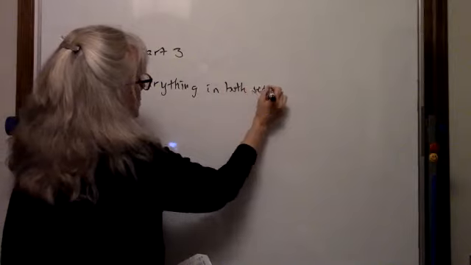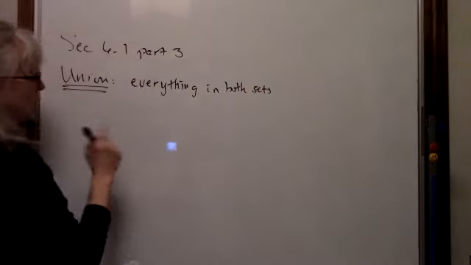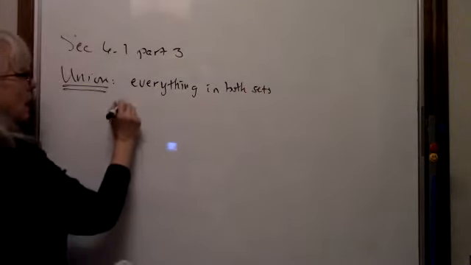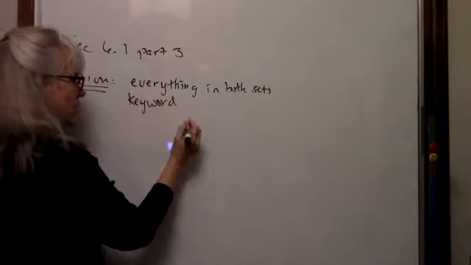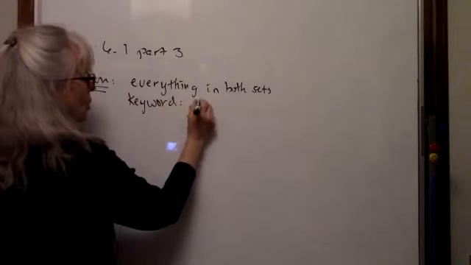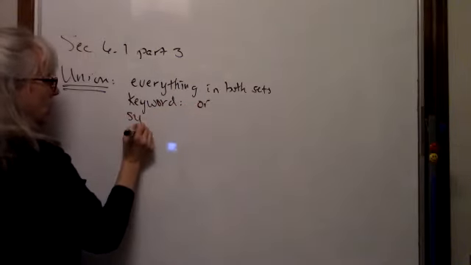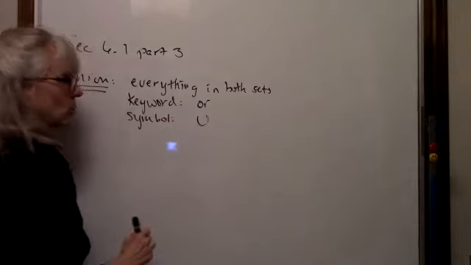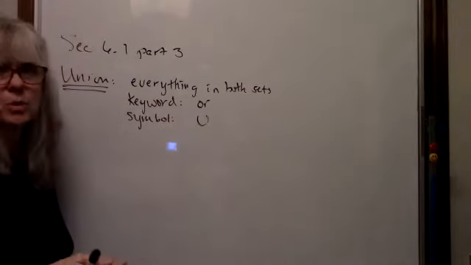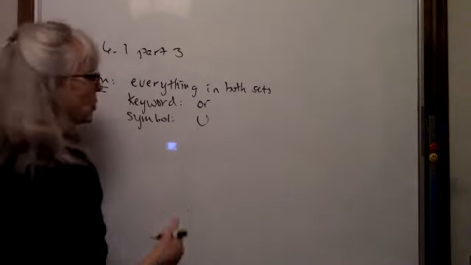And we'll do an example here in just a minute once we get the vocabulary down. It's everything in both sets. I want to comment that the key word that indicates you have a union is the word or. The symbol or notation for a union looks like a U. And if you did anything in algebra with interval notation, you've used this U before.